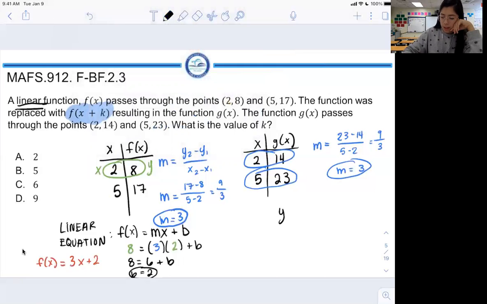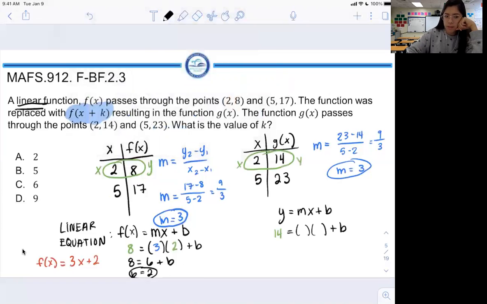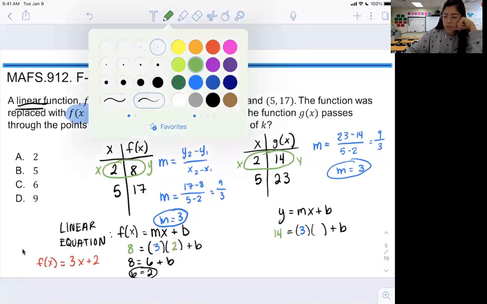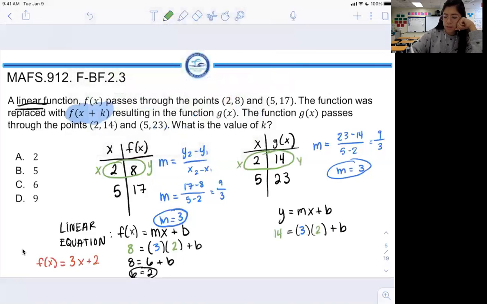Same as before, we're going to plug in everything except for b. So I need a coordinate, I need one of these. And I know Perla said 2 comma 14 before, so I'm just going to choose that one. So this is my x, this is my y. So I write 14 equals, slope is 3, x is 2, 3 times 2 is 6.